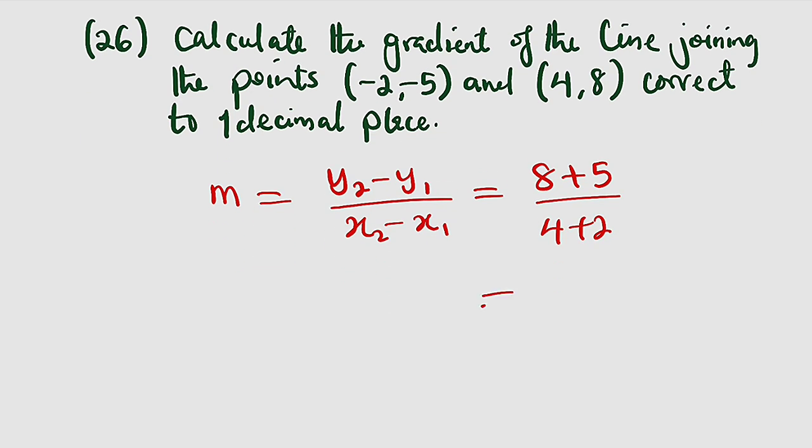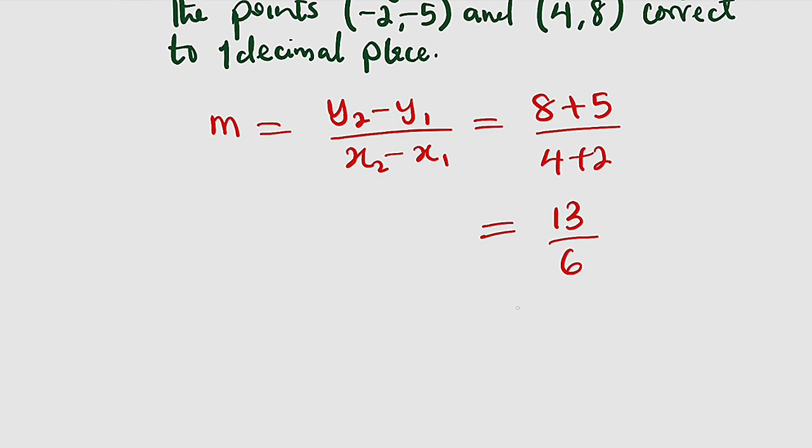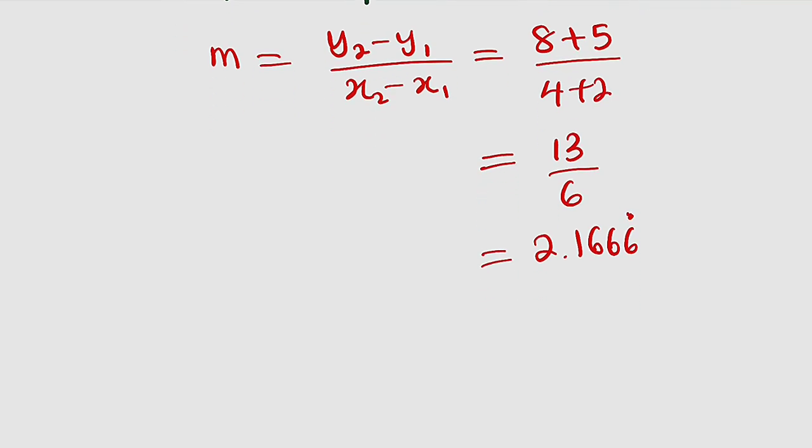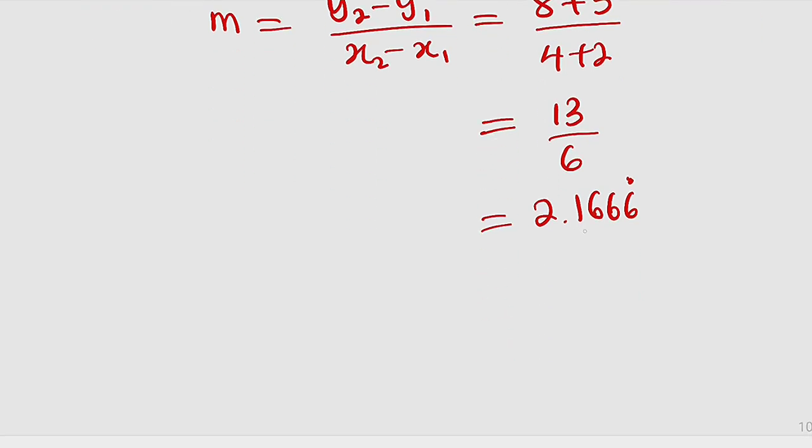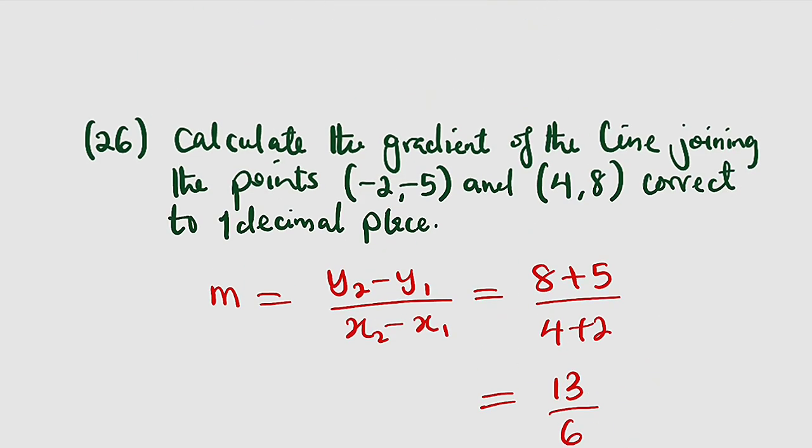So we have 13 divided by 6. And 13 divided by 6 is equal to 2.1666 recurring. But they said to correct to one decimal place, right? So to one decimal place, we have this to be equal to 2.2. You round it up, 1 dp. So this is just the solution to this problem.